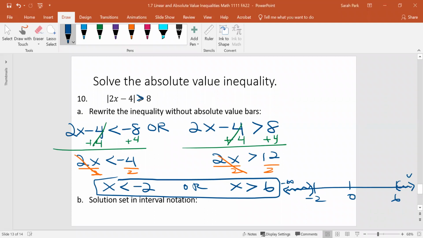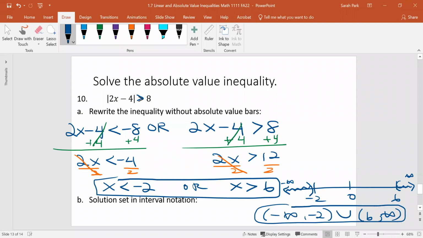We have negative infinity, positive infinity. So interval notation is negative infinity to negative 2, and then union, skip over to 6 to infinity.